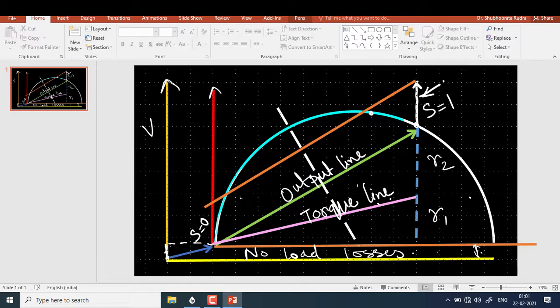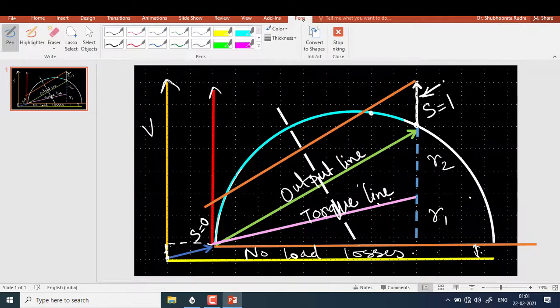Now clearly this line is parallel to our power line, and we can observe something surprising: at this particular point we are getting 2 points for the slip. For two different values of slip, say s2 and s1, we are getting the same amount of power from our machine.